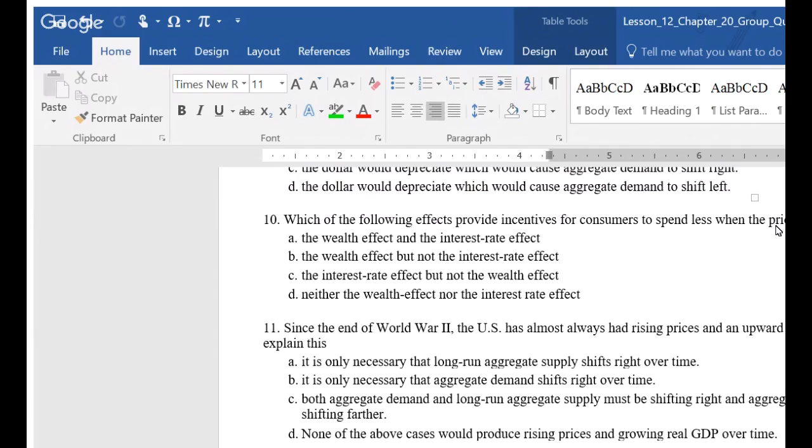A decrease in the price level raises the real value of money and makes consumers wealthier, which encourages them to spend more. Conversely, an increase in the price level reduces the real value of money and makes consumers poorer, which reduces consumer spending. So that is an incentive for consumers to spend less when the price level rises. So it's definitely A or B.